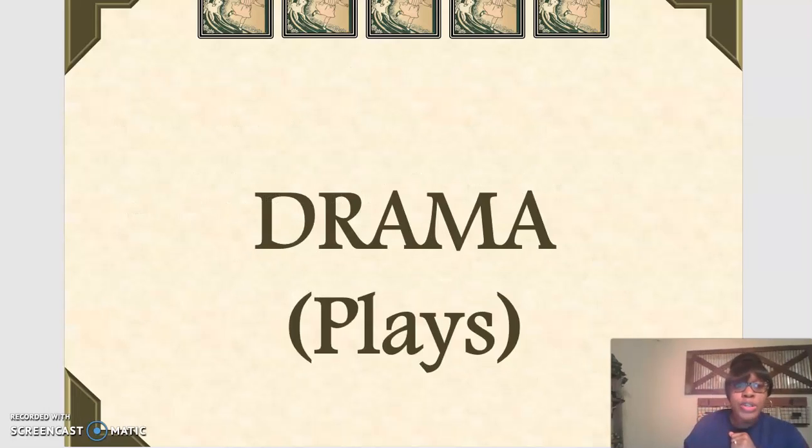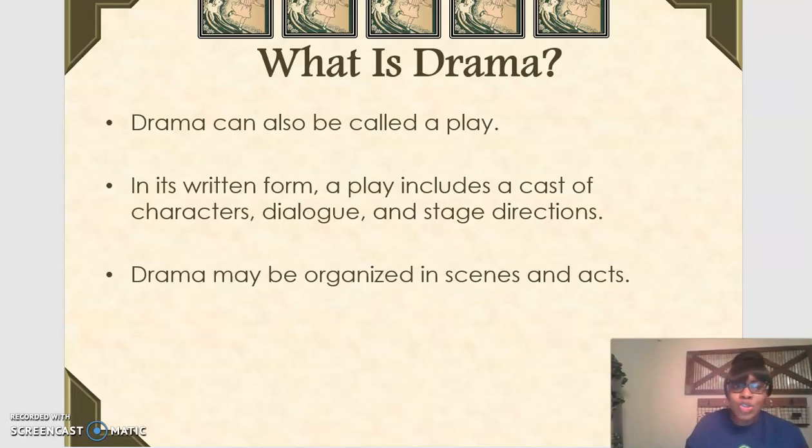Let's move on to our drama. Drama is your plays. So, what is drama? Drama can also be called a play. In its written form, a play includes a cast of characters. It's written in dialogue and it has stage directions.